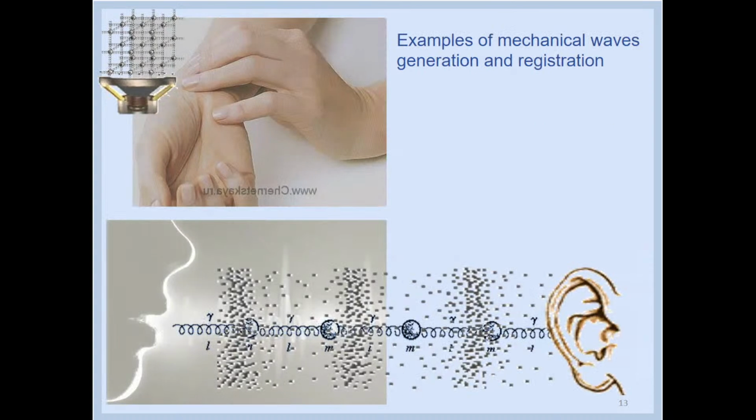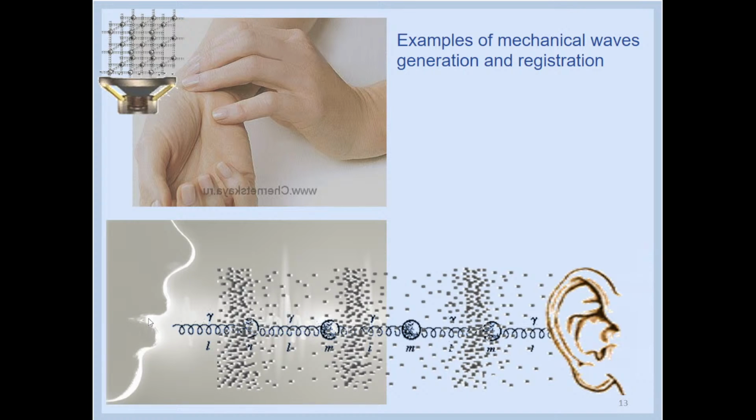Very good. And look here, these are the examples of mechanical waves, generation and registration. The vocal cord is the source of the sound.